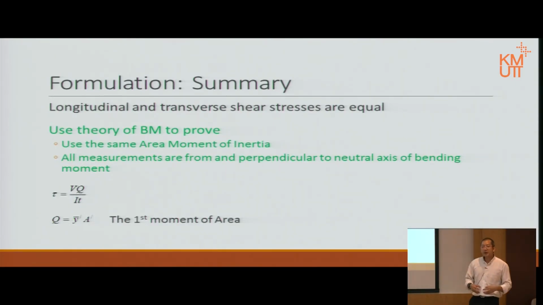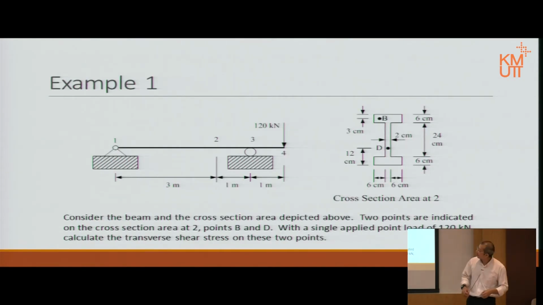Next, I think we should see how this equation is used in our practical question. Let's say we have a beam here. We have a cross section. This cross section we show is actually at point 2 here, and on this cross section we show 2 points.